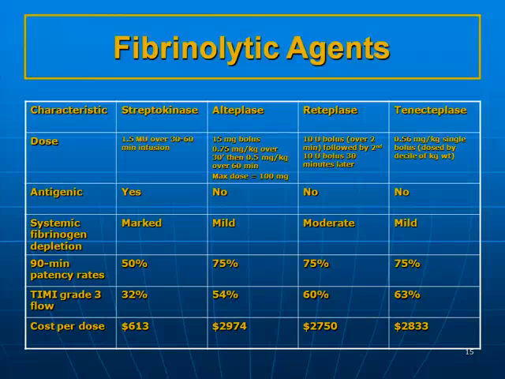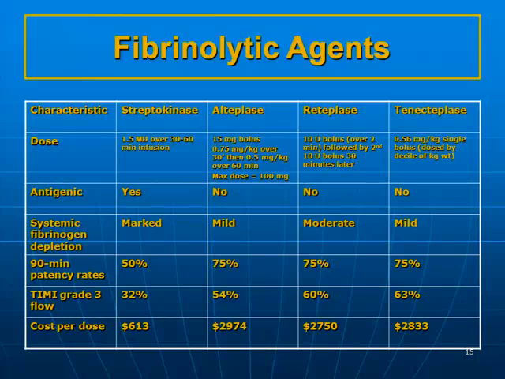We know that from GUSTO, the original trial, that compared to alteplase or TPA, streptokinase did not work as well. Mortality rates were not reduced to the same extent. It also has some antigenic property which can cause allergic type reactions. I don't know that those are necessarily dose limiting for most patients, but it is a nuisance. I think the only reason that it gets used, particularly in other parts of the world, is that it's relatively inexpensive.